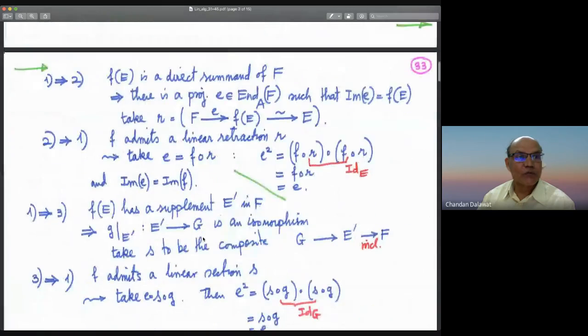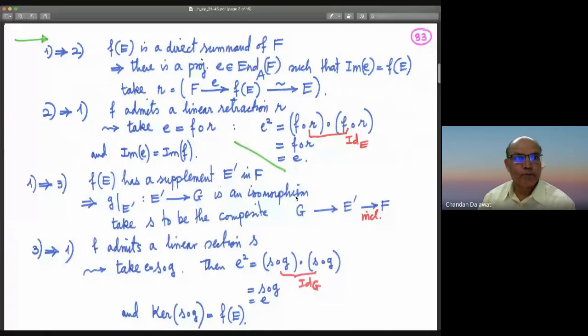Okay, so let's prove that 1 implies 2. So if f of E is a direct summand, that's what we are given, then we know that there's a projector little e such that the image of this projector is equal to this submodule f of E. And we are looking for a retraction.